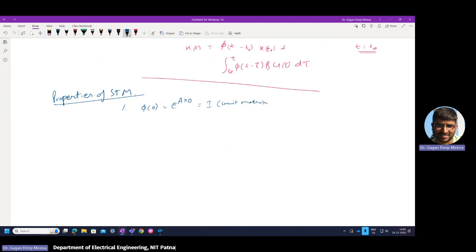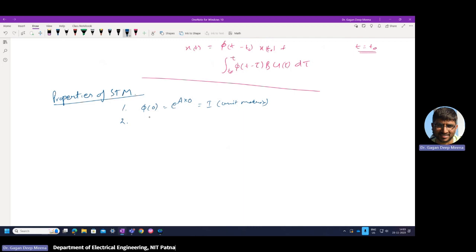Okay, so that's one property. Why are these properties important? They are important when we compute the state transition matrix, or when we solve numericals and work on different theories of linear systems in modern control engineering. These properties make the simplification steps a little bit easier.